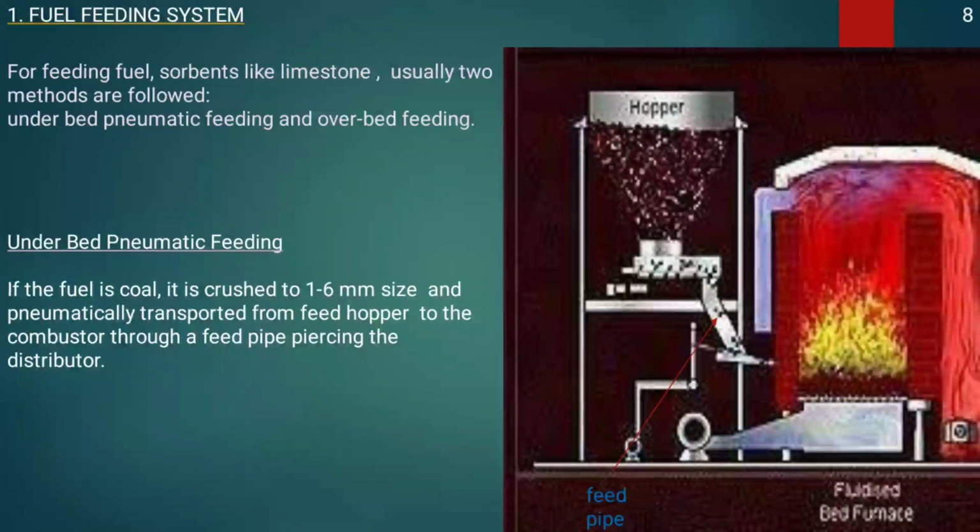For feeding the fuel and the sorbents like limestone, usually two methods are followed: under bed pneumatic feeding and over bed feeding. Under bed pneumatic feeding: if the fuel is coal, it is crushed to 1 to 6 millimeter size and pneumatically transported from the feed hopper to the combustor through a feed pipe.